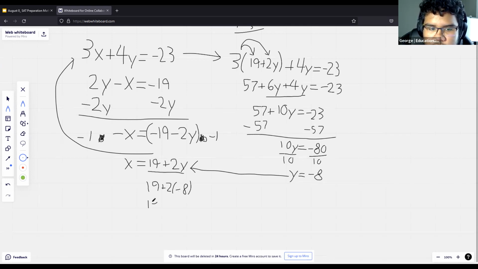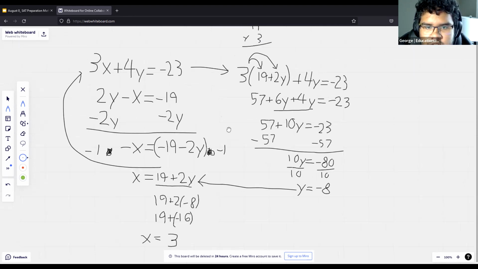So we end up with an equation that looks like 19 minus 16, or I should say plus negative 16, which is essentially the same thing. It's saying you're adding 19 and negative 16 together, so it ultimately is a subtraction, 19 minus 16. And what we get from there is 3.